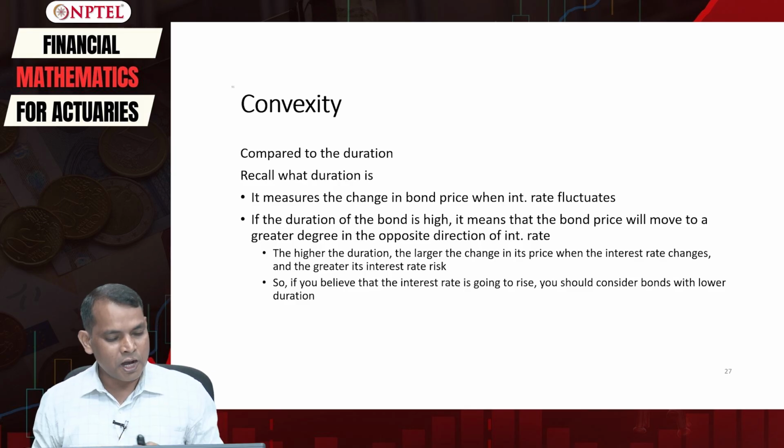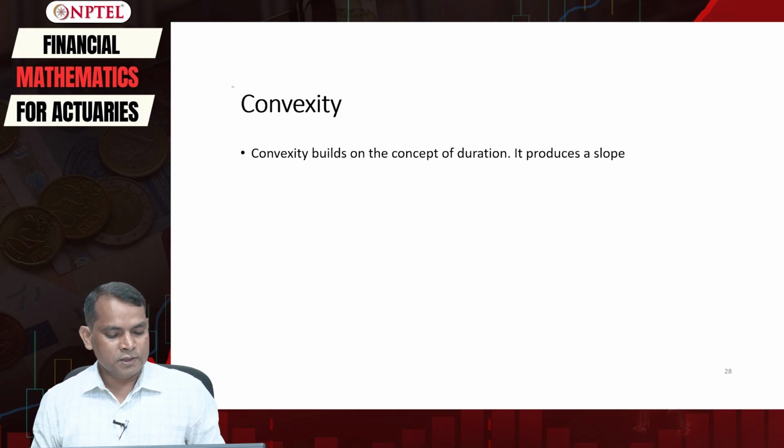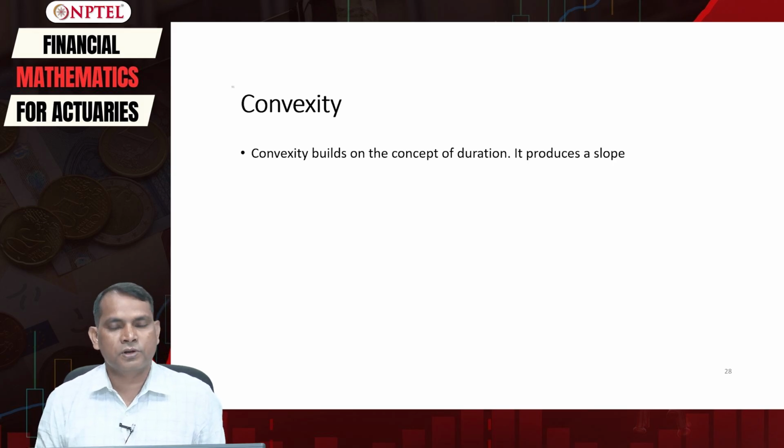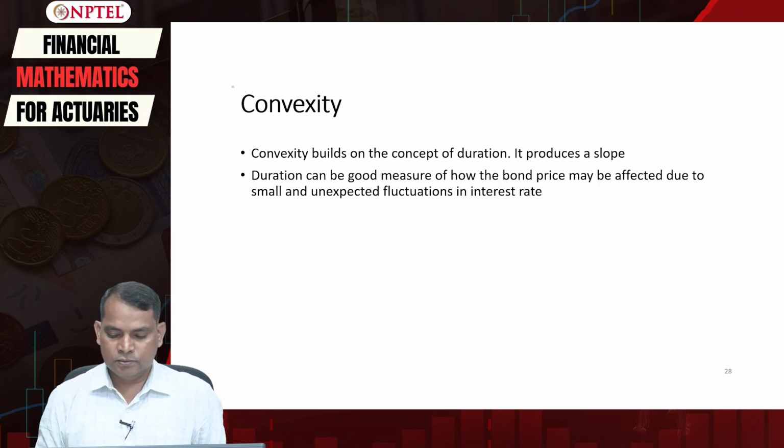Convexity helps the bond manager or the bond investor understand the riskiness of the bond related to price. Convexity builds on the concept of duration, and it produces a slope, because we have already seen that the second derivative is used here.